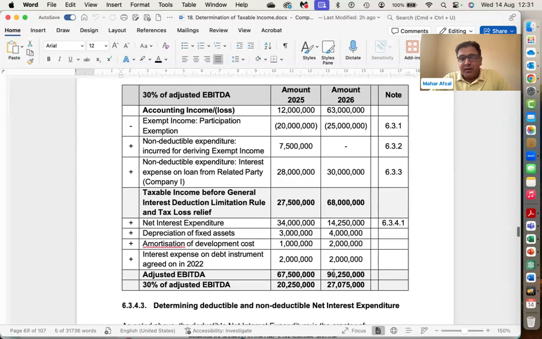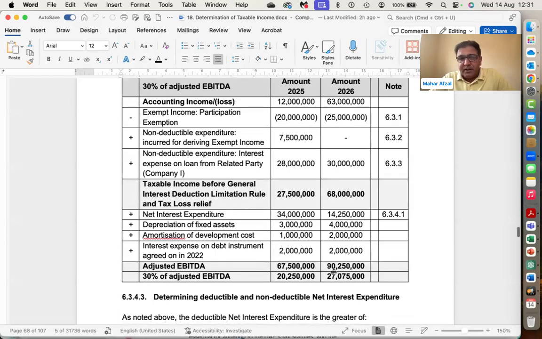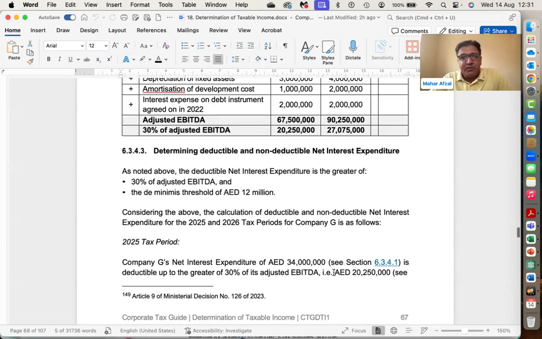Adjusted EBITDA I have calculated 67.5, that is fine as well. So 20,250 is fine as well. 20,250 is my allowable adjusted EBITDA, 30% of adjusted, and my net interest is 34, whichever is higher.